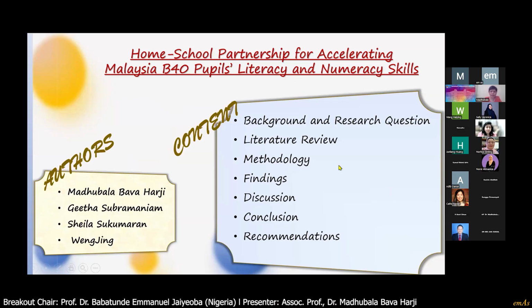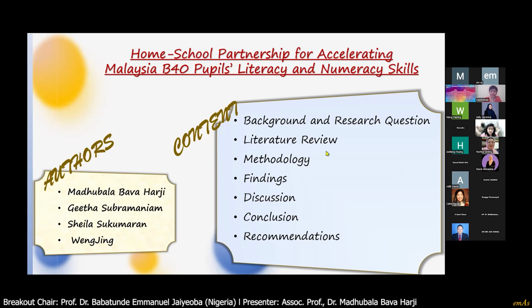The title of my study, or the book that we had worked on, is Home-School Partnership for Accelerating Malaysian B40 Pupils' Literacy and Numeracy Skills. And these are my three co-authors. This is generally the background of the paper that I'm going to talk about.